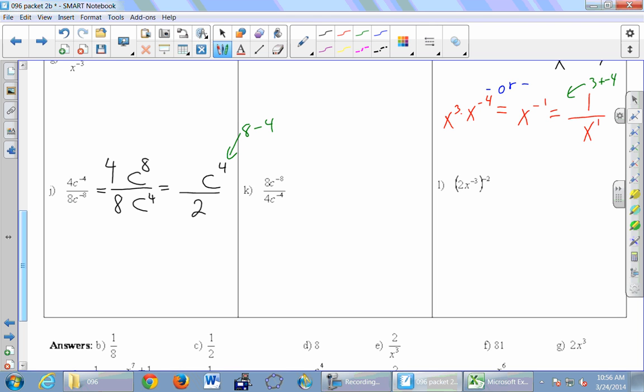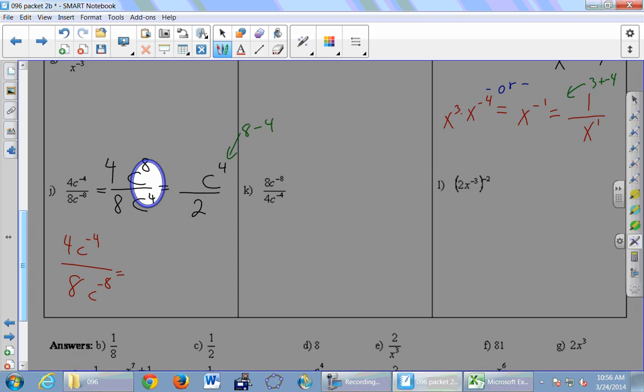Okay, here's another option. The one that we're about to do is my preferred option, but again, there are a lot of different ways to do these correctly, and as long as you do it correctly, you'll get full credit. I'm just going to copy the original one here. Okay, again, just focusing on this piece right here. What was the rule?